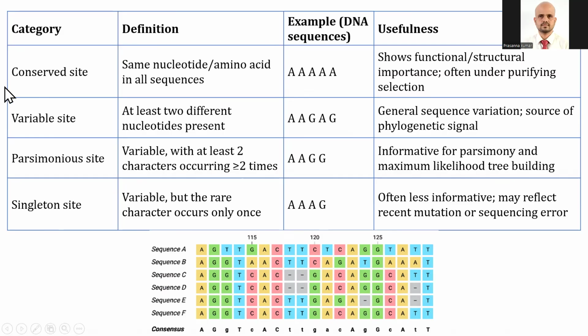So a conserved site doesn't have any variation, whereas a variable site will have a variation at a given position in an alignment. A parsimonious site has at least two characters occurring more than two times. For example, that is a variation. In other words, there are only two types: conserved site and variable site. A variable site can be reclassified again into parsimonious site and singleton site. If there is just one variation, it is singleton. If it is more than one, it is parsimonious.